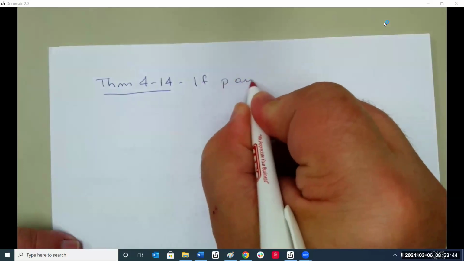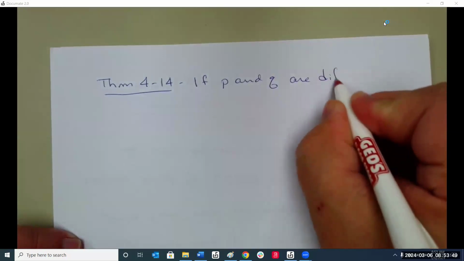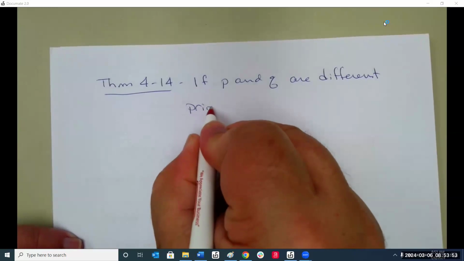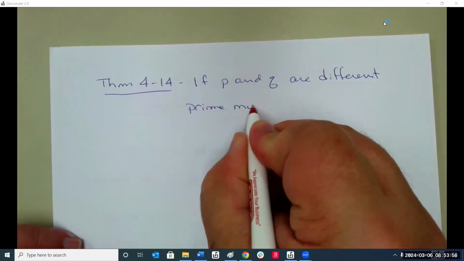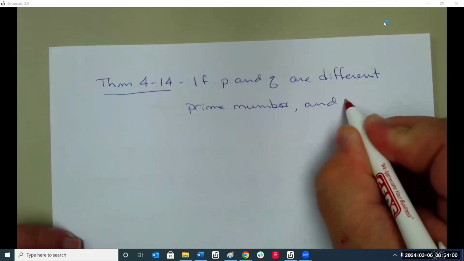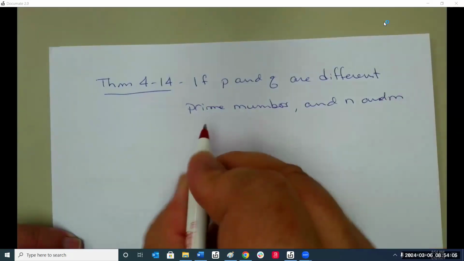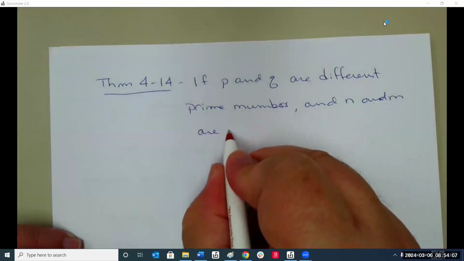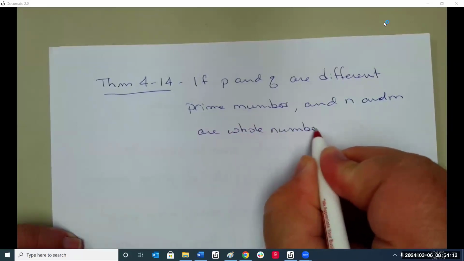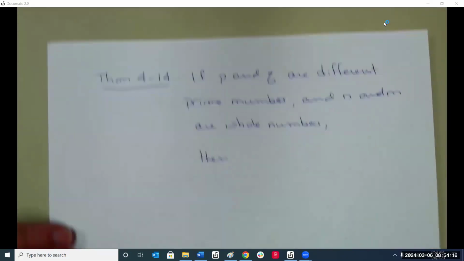If P and Q are different prime numbers, and N and M are whole numbers, then what has to be true?